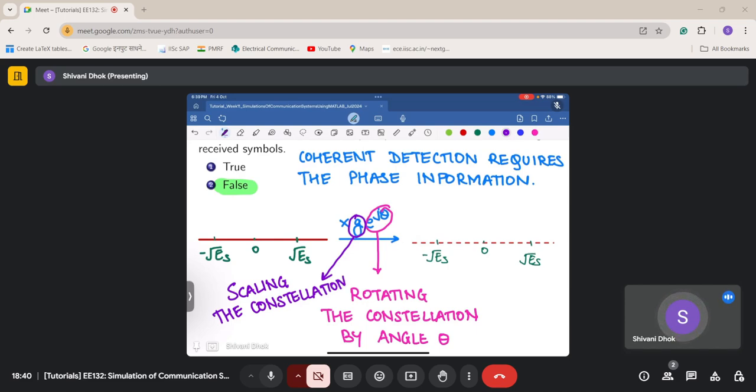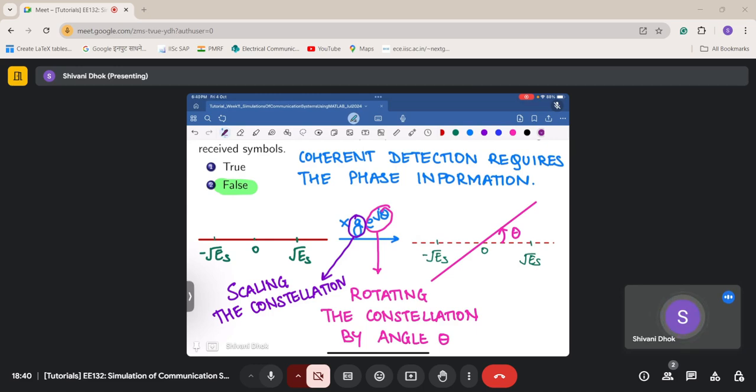What is happening now is this constellation gets rotated by an angle theta, something like this. This angle is theta, and along with that it gets multiplied by this factor g.